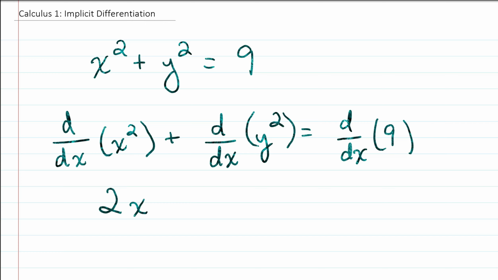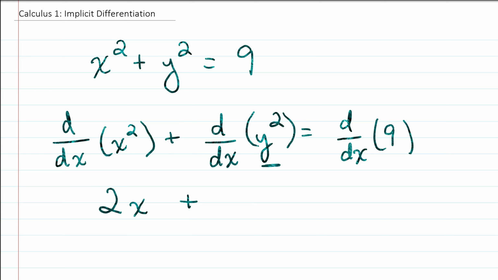However, in the second part, that's where we apply our implicit differentiation technique. We have the derivative of y squared with respect to x. However, that variable y is not what we're taking the derivative with respect to. So we apply the chain rule that we've learned.